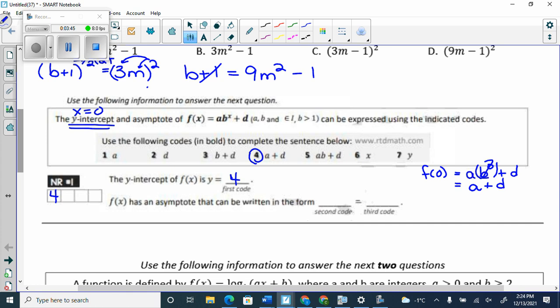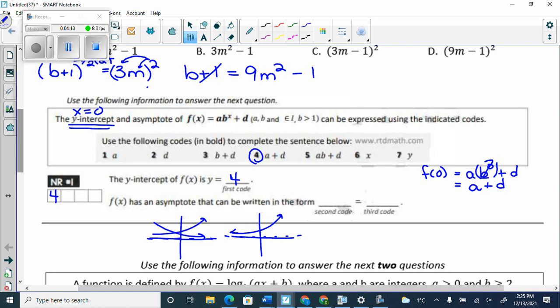F of x has an asymptote that can be written in the form of... it's an exponential. Remember, exponentials normally run like this. We're going to read what it says here. It says a, b, and d are integers. B is greater than 1. So we know it's a growth. So it's going to look like this, and like this. But then we move it d up.